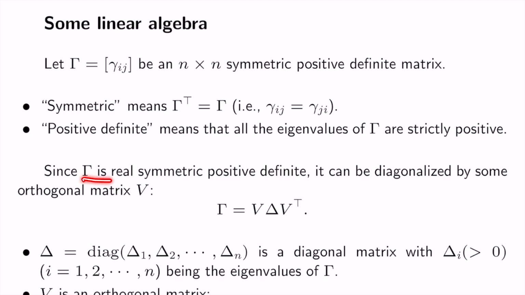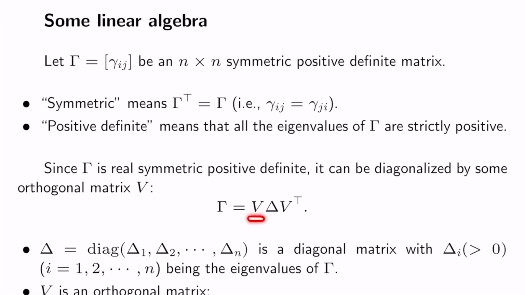If gamma is real symmetric, then we can always diagonalize this matrix like this, where this V is an orthogonal matrix and this delta is a diagonal matrix. Moreover, we are assuming this gamma is positive definite, so all the diagonal elements in this diagonal matrix, which are of course eigenvalues, are positive.